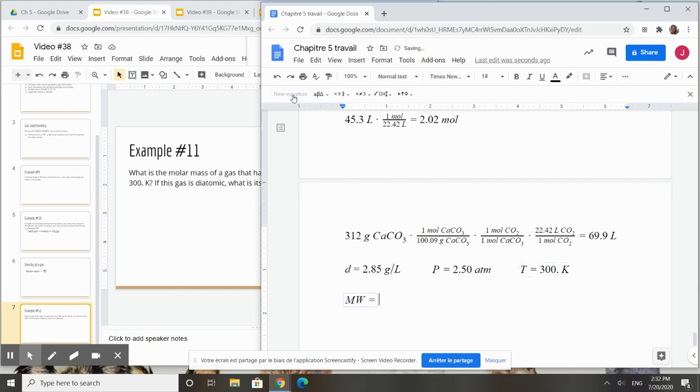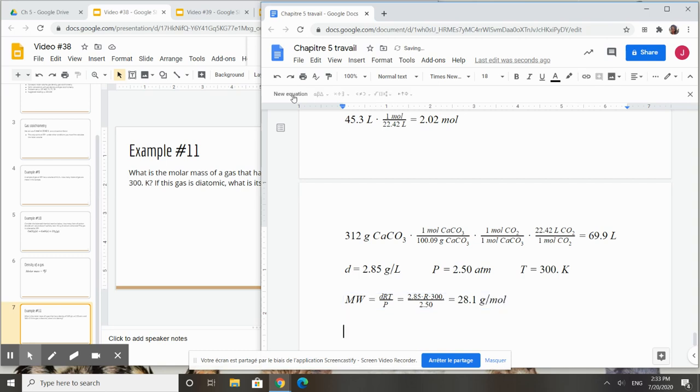You'll sometimes see me abbreviate molar mass to MW, which really is for molar weight. There's a historical reason why you see that. Feel free to do the same. Plug this all in, I'm going to round to 3 significant figures. So I got 28.1 grams per mole.